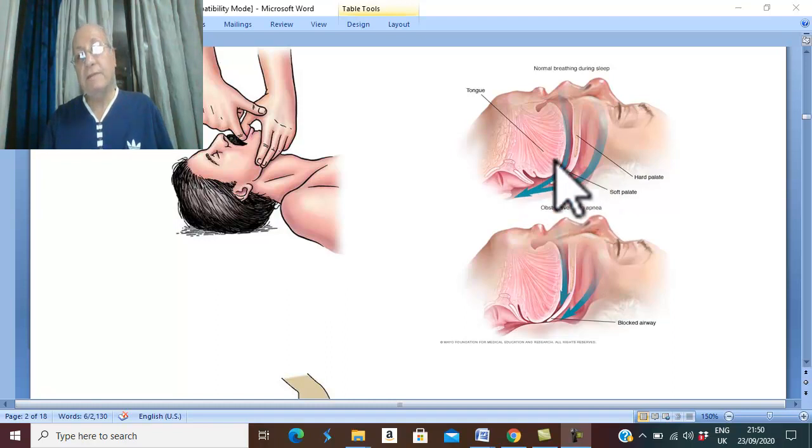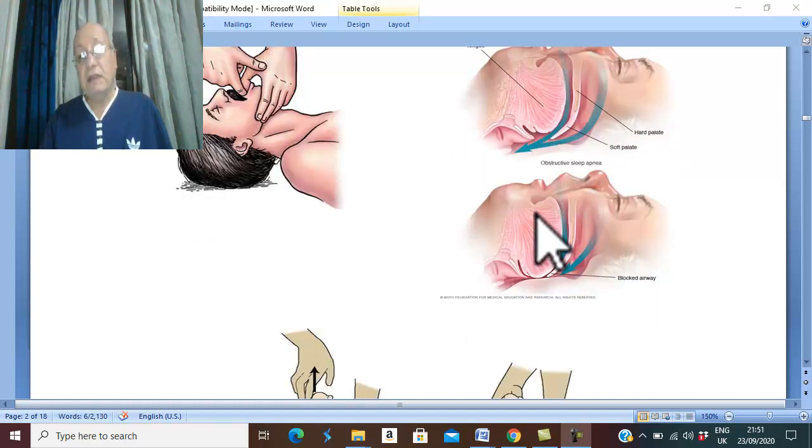This shows the normal: the tongue in place, and the oral airway and the nasal airway are patent, and the air passes freely to the larynx, trachea, and the remaining part of the respiratory passage.